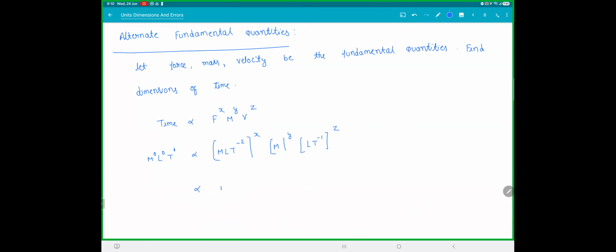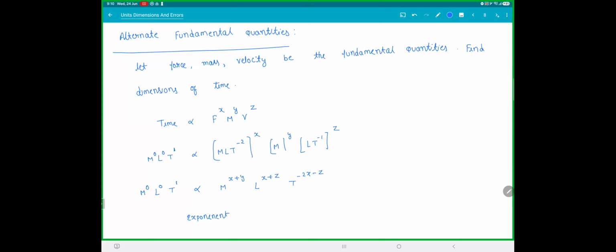Then expand this, bring all M's together. That will become M power x plus y, L power x plus z, T power minus 2x minus z. You're getting what I did? I brought all M's together, L together, and T together. On the LHS, we have M power 0, L power 0, T power 1. You can clearly see we can compare the powers. So exponents of the respective dimensions must be the same.